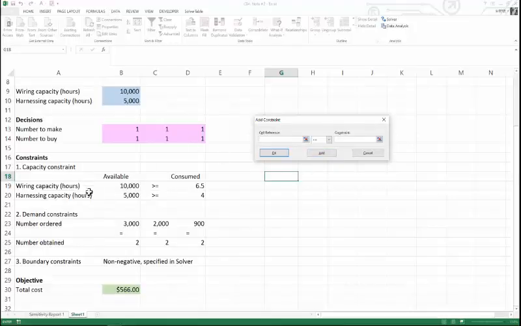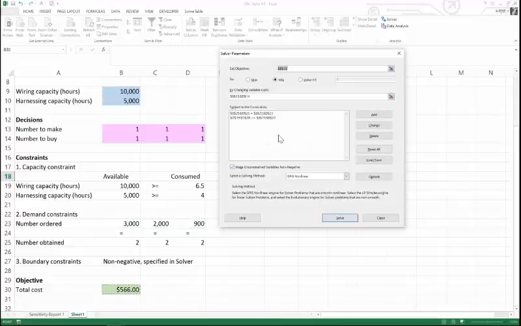This is for the capacity constraint. Now how about demand? So our cell reference with the number obtained must be equal to the number ordered. Then click OK. Now we have those two constraints added, and we also have this box checked, which means we want non-negative.